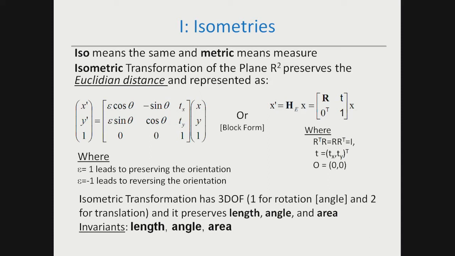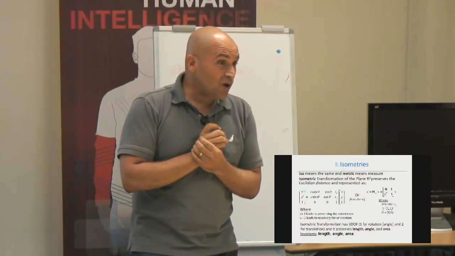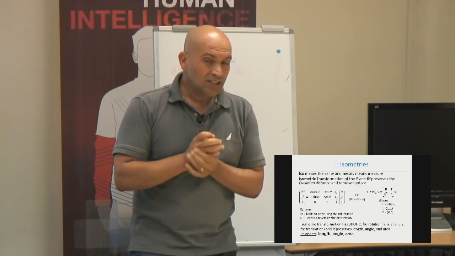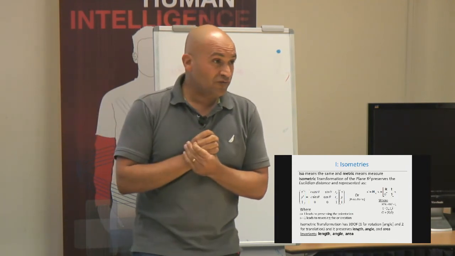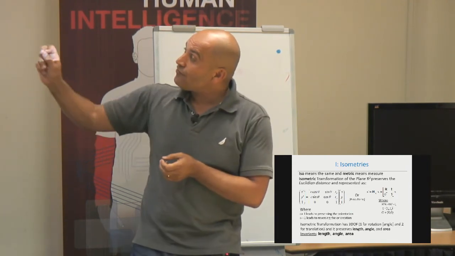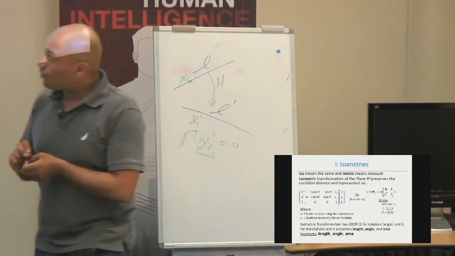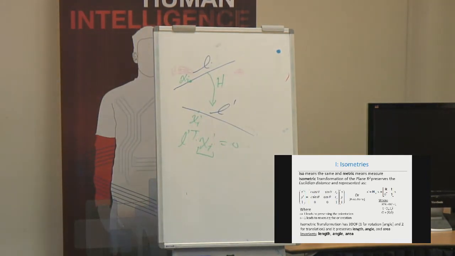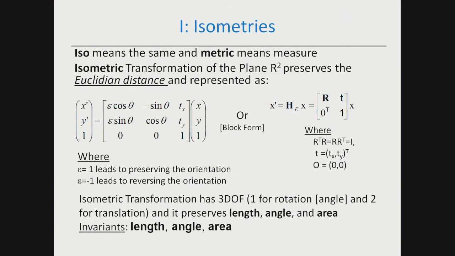It's represented as a 3 by 3 matrix. As we saw, this complies with the requirement of a projective matrix, so it is practically a projective matrix. But here we have more limitation. We require that the last row should be 0, 0, 1.